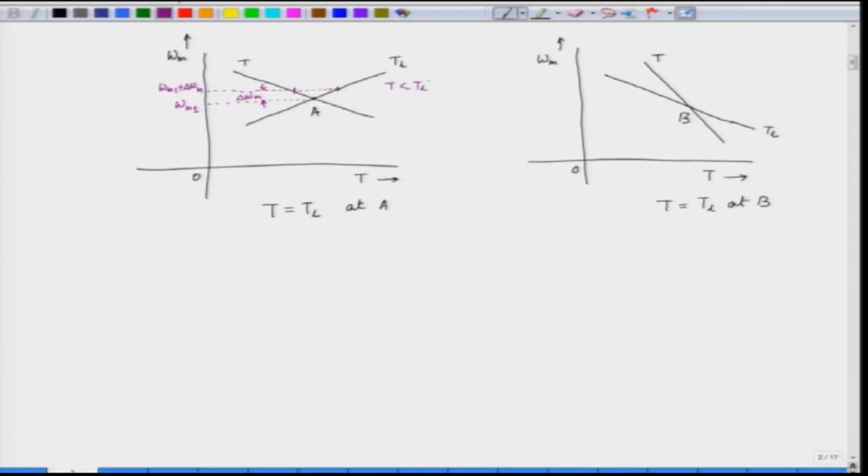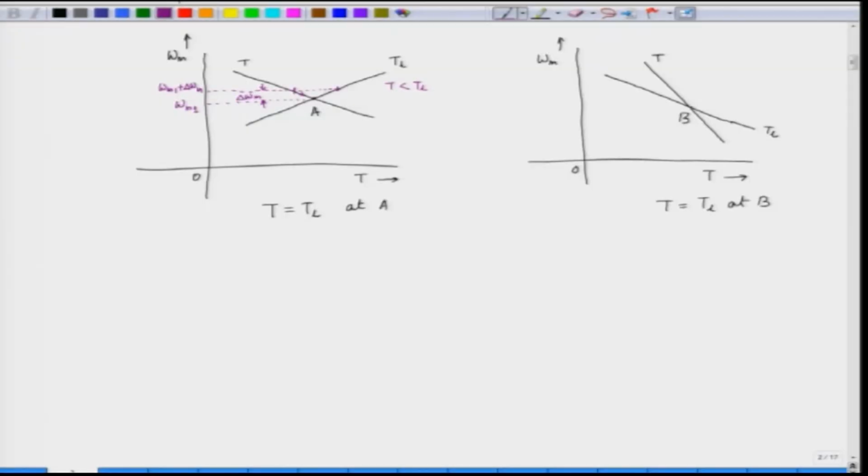It means the load torque is more and the motor torque is less. So, there is a tendency for the speed to decrease, because the load will bring the speed down. The load is more, the motor which is driving the load is less. So, the speed will come down and will again reach this equilibrium point here.